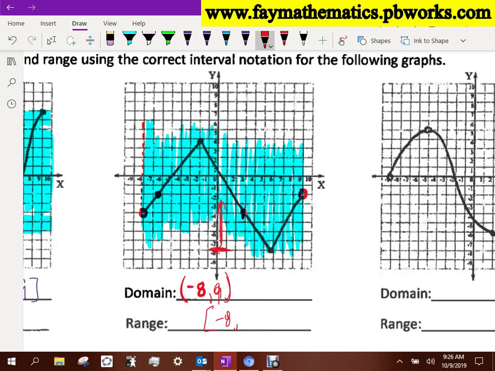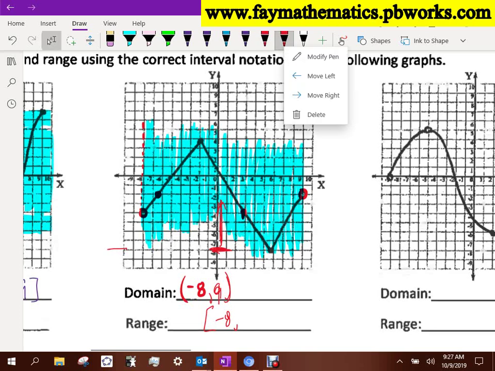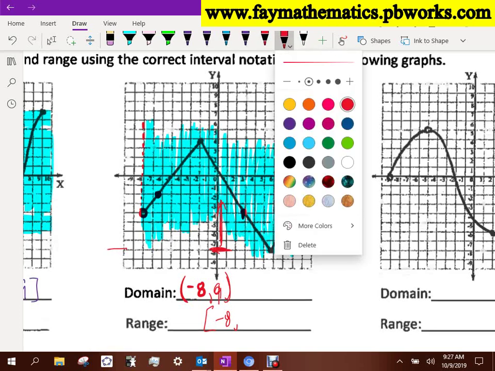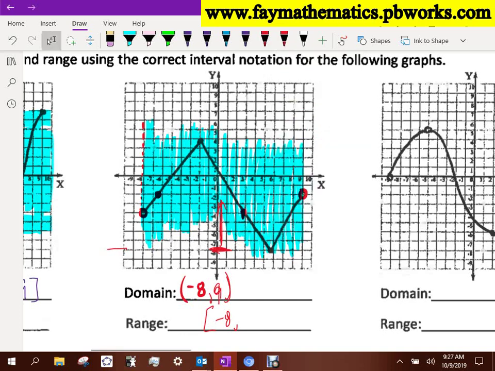I'm going to take that up, and I'm going to start just seeing where do I cross the graph, because this is my hope that we understood this. As I take this line through and pass it through, the hope is that if I recognize that it crosses the graph at least one time, that y value gets included in my range, right?